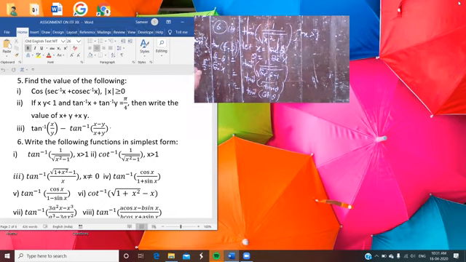So that is your simplified form, and its value is cosec inverse x. So in this way, you have to substitute the value of x as a trigonometric function in such a way that it becomes tan, if your outer function is tan inverse. So it will be in the form of tan inverse tan theta, and you can very easily write it as x.